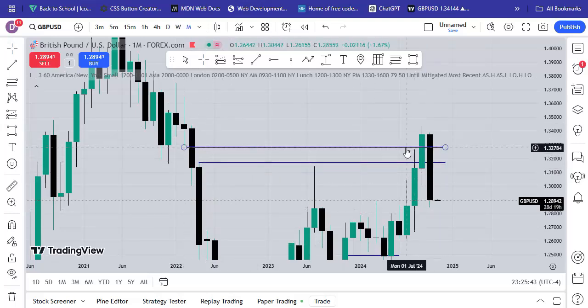We filled this fair value gap completely with the body of the candle closing on top, and then we dropped down. This October that we finished yesterday engulfed the September 2024 candle, engulfed the entire body. This is beautiful.